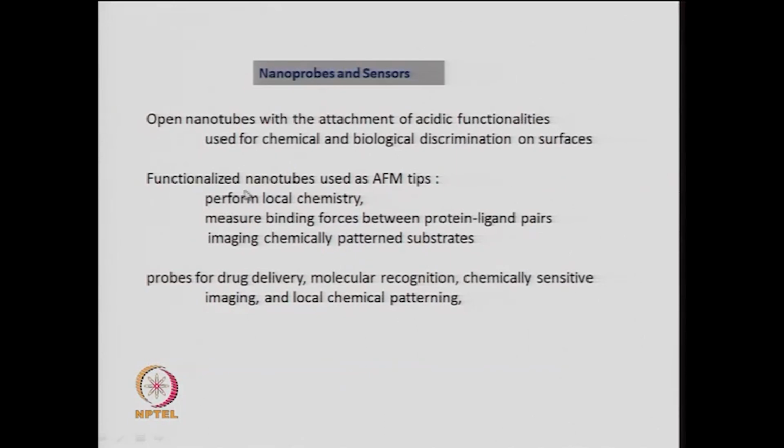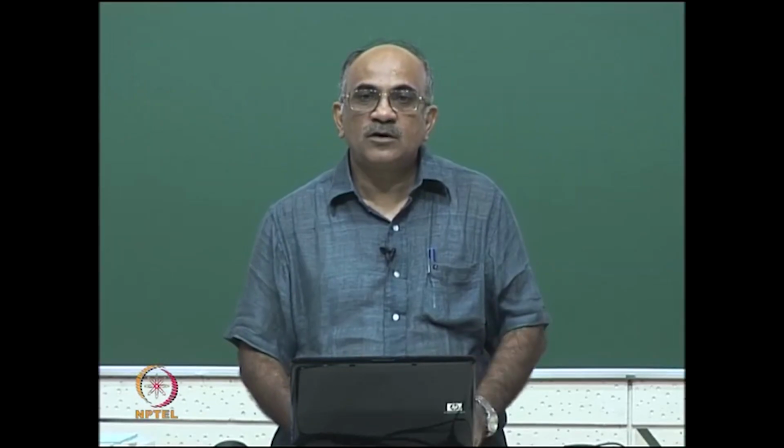Now, these functionalized nanotubes have also been used as tips in atomic force microscopy. So, if you have a simple carbon nanotube and then you have a functionality, that means you have a carboxylic group or an amino group on the carbon nanotube tip.